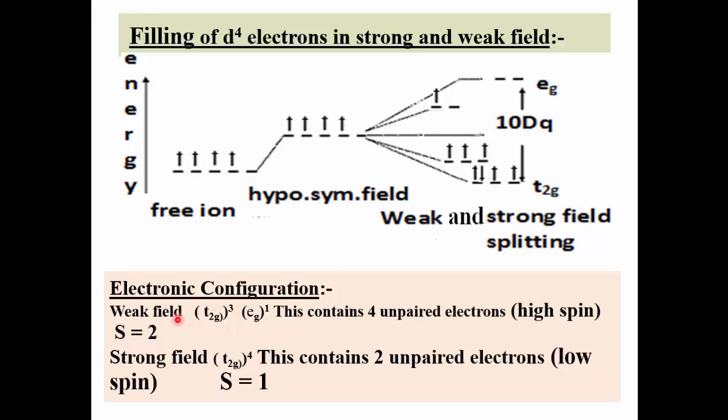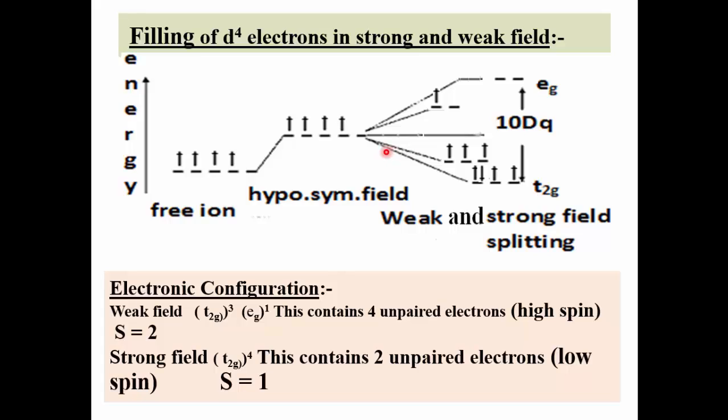So for weak field, the electronic configuration is t2g3 eg1. This contains 4 unpaired electrons and therefore this is a high spin complex. The spin becomes half into 4, which is 2. This is the electronic configuration for the weak field complex.